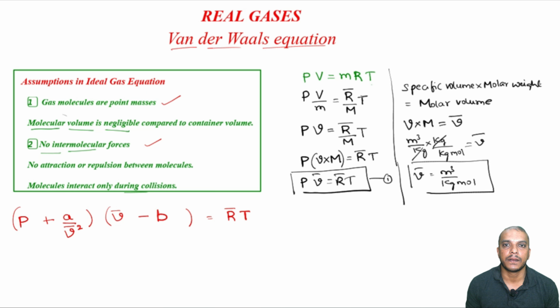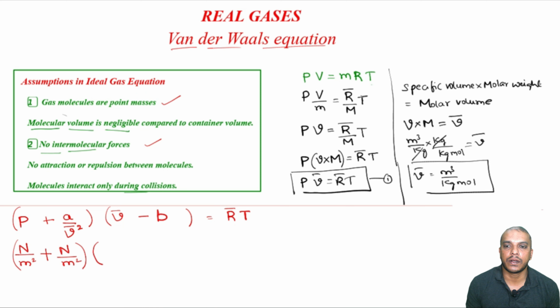All right. Now, there is the equation (P + A by V bar square) into (V bar minus B) is equal to R bar T. If you neglect these two terms, it is still the ideal gas equation, remember. Now, if pressure is in Newton per meter square and we are adding this term A by V bar square, the unit of this also should be Newton per meter square.